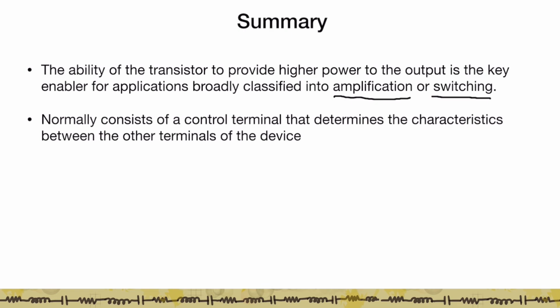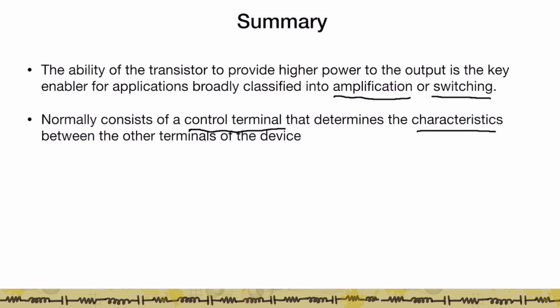Normally when you think about a transistor, it has 3 or 4 terminals. Normally one terminal is the control terminal, and that control terminal determines how the electrical characteristics of the other 2 terminals in the device look.